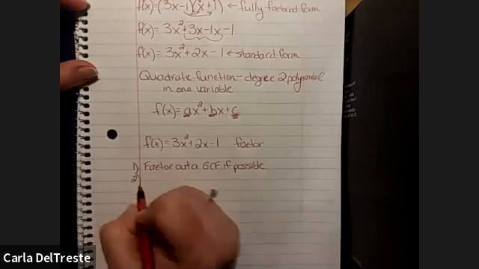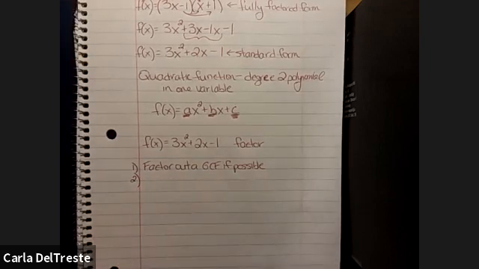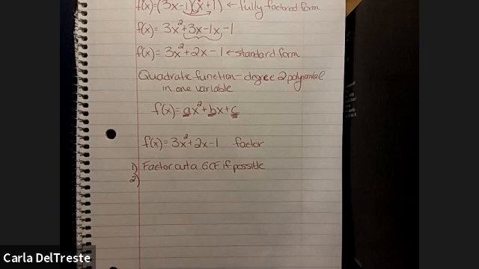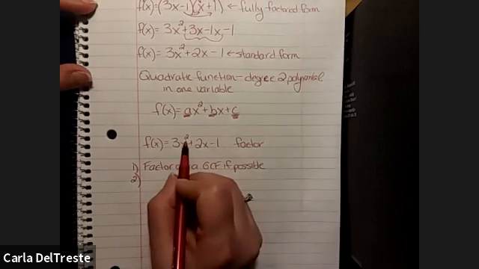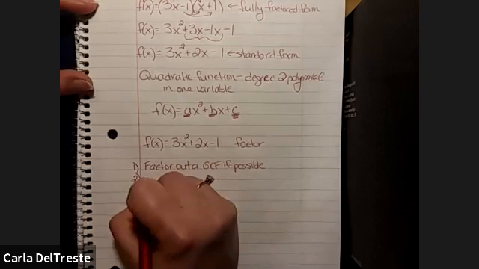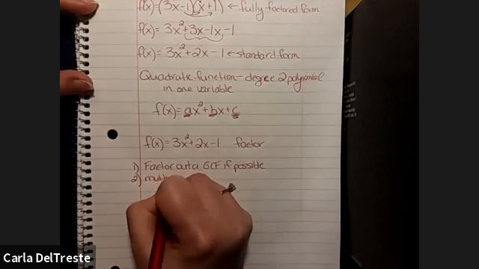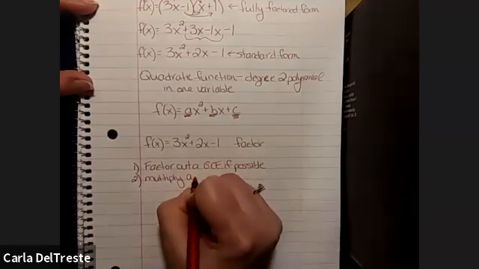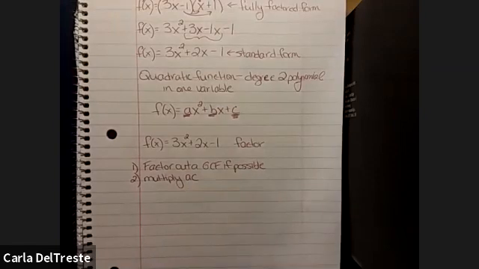Step number 2, okay, first of all, is make sure you're dealing with a quadratic, because if you're not dealing with a quadratic, the rest of these steps don't mean anything. You can't do them. So again, this only works for quadratic functions. As long as you have a high power of 2, okay, you're going to continue. You're going to multiply AC in the quadratic.